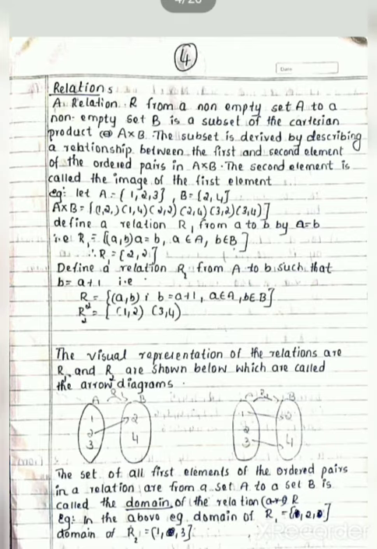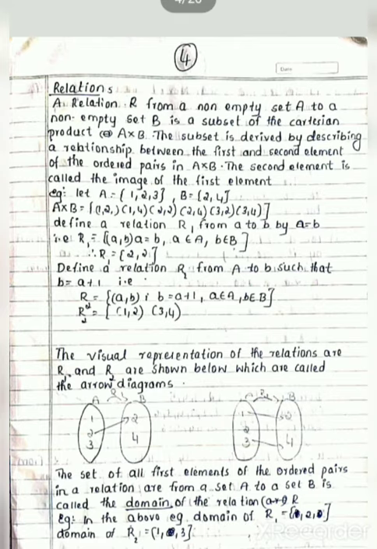Next, the domain and range. What is domain? The set of all first elements of the ordered pairs in a relation from a set A to B is called the domain of the relation. The set of all first elements of the set is called the domain.